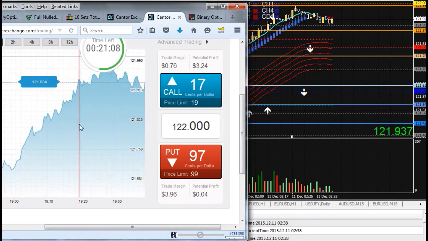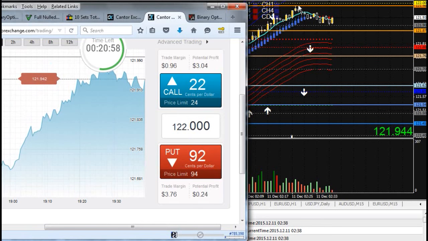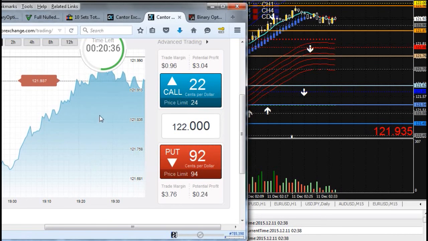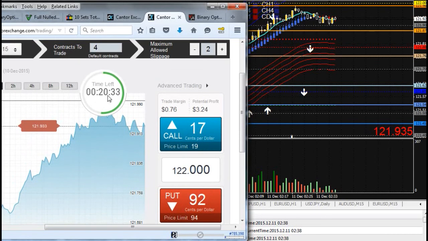When I saw this little pop after I got in, I thought about taking another at the money up here at the round number, but I just wasn't fast enough to catch it at the time, so I'm going to have to roll on, and we'll see what happens with this little trade we got here around 121.95, and we still got 20 minutes left.